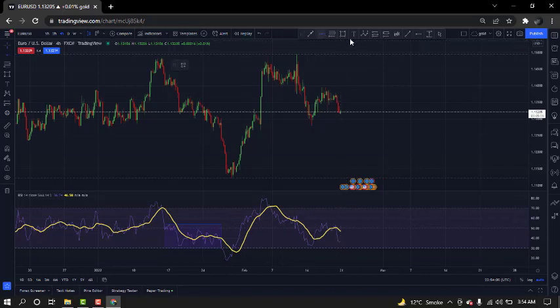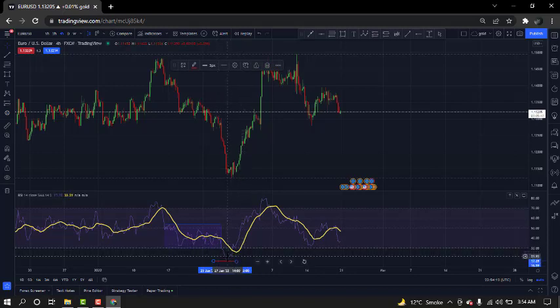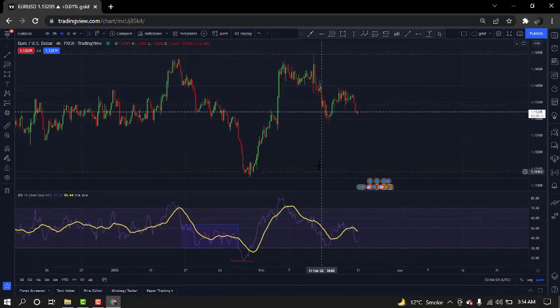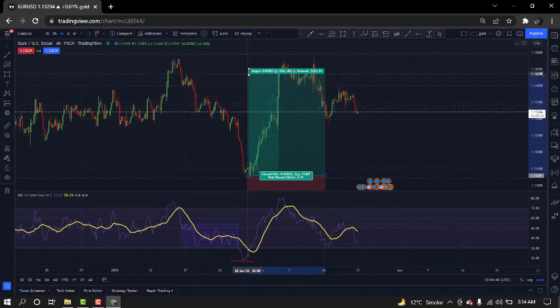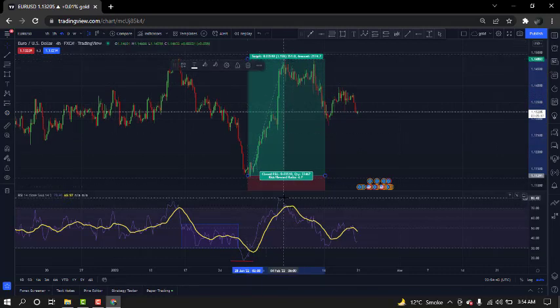Let me highlight it for you. We buy here, at the RSI level of 17, a long position, and the market goes up, and the market goes up, and here we are.